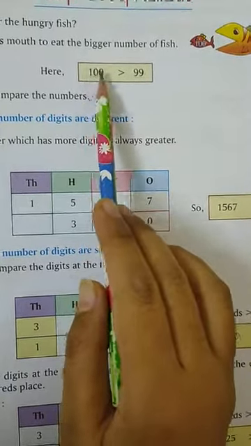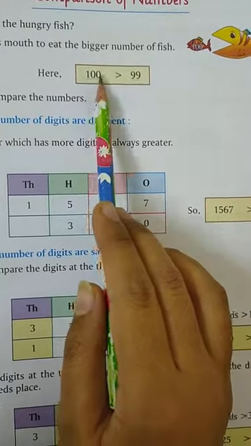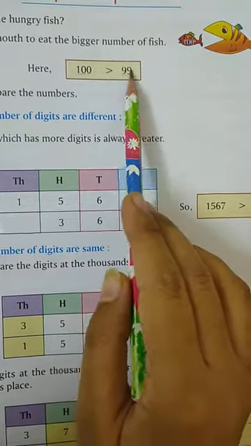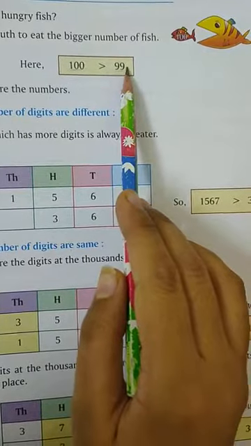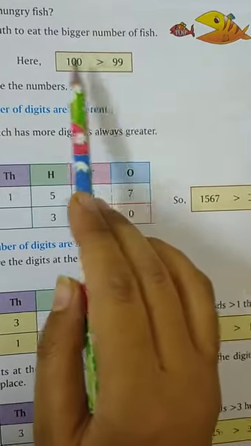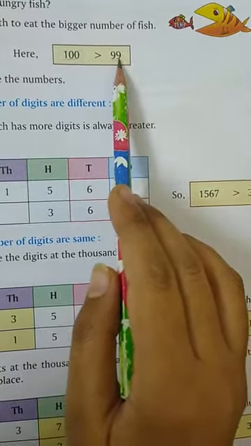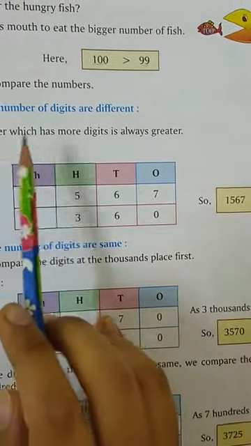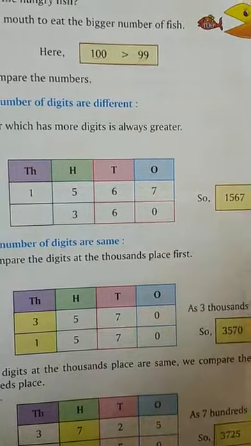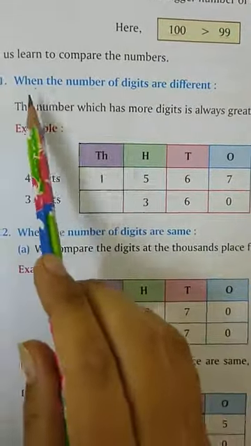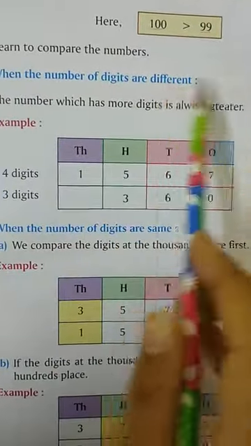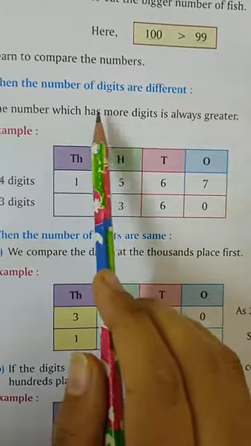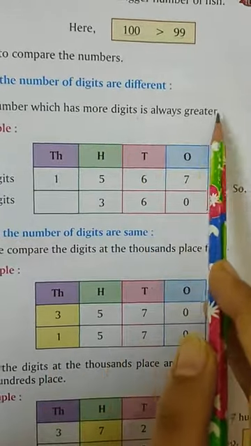This is 100, which has 3 digits, 1, 2, 3. This is 99, which has 2 digits. So 3 is always greater than 2, meaning a 3-digit number is always greater than a 2-digit number. In a similar way, a 4-digit number is always greater than a 3-digit number. That is, when the number of digits are different, the number which has more digits is always greater.